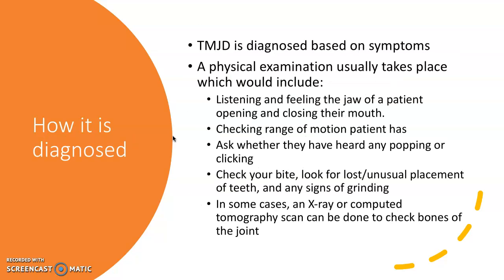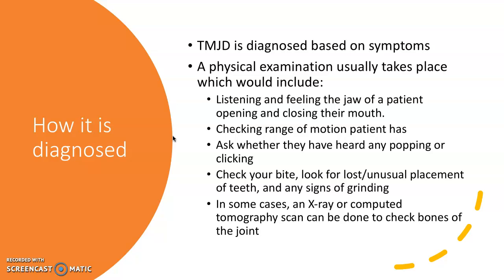Some ways they diagnose TMJD is simply based on symptoms. A physical examination usually takes place, which includes the following: listening and feeling the jaw of the patient opening and closing their mouth. They will check the range of motion the patient has to see if they can open their mouth fully or close it with ease or comfort.